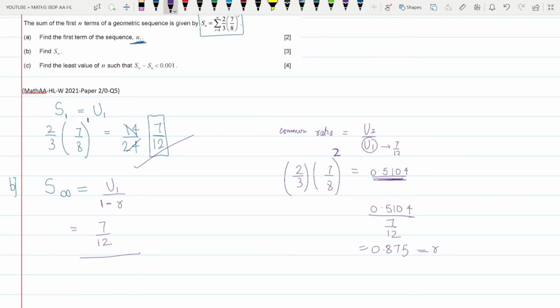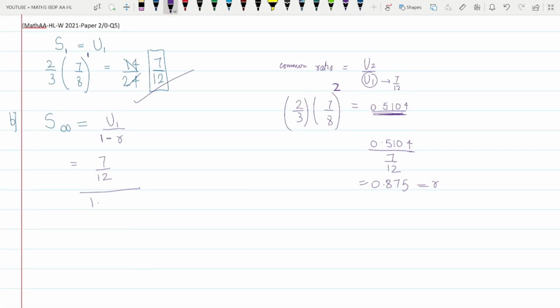So our ratio is 0.875. The final answer comes out to be 4.667, so 4.67 to 3 significant figures.